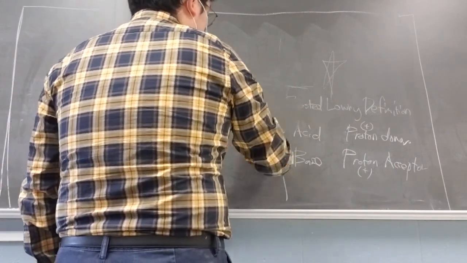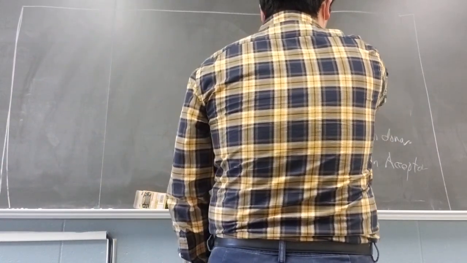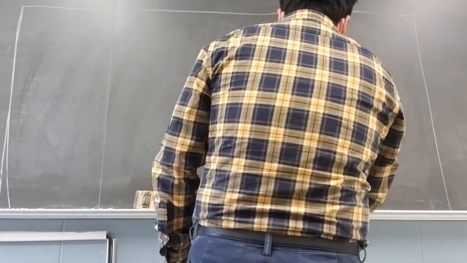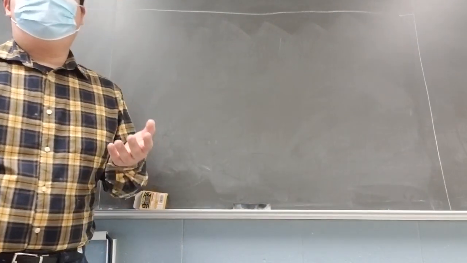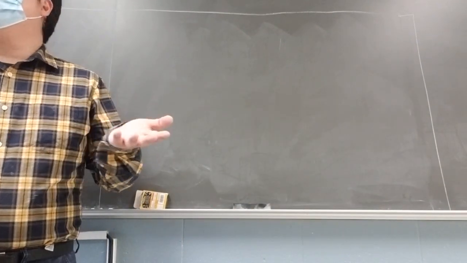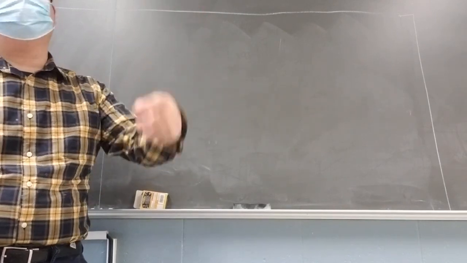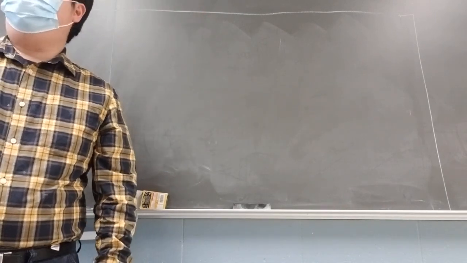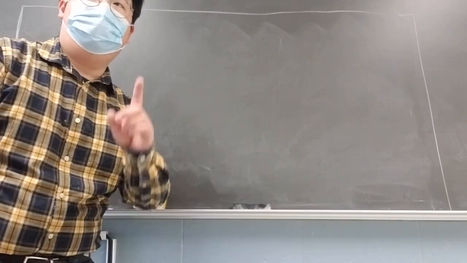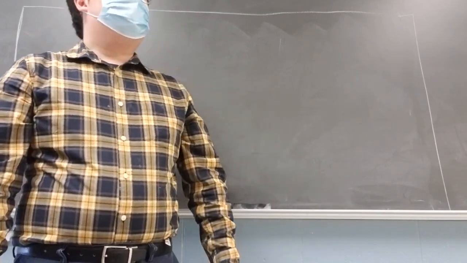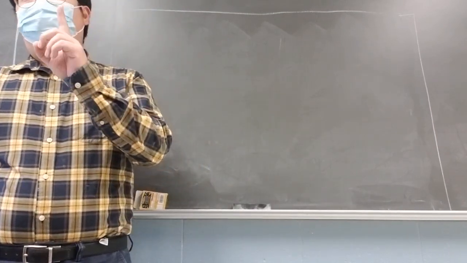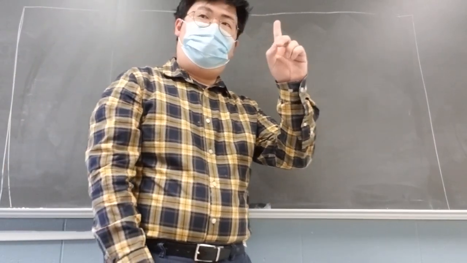In the Arrhenius definition, instead of saying proton, they say hydrogen cation, because a hydrogen cation is simply the same as a proton. If you think about hydrogen, which is what? Atomic number 1, meaning there is one proton in hydrogen. So when you have a neutral hydrogen, that means you have one proton.